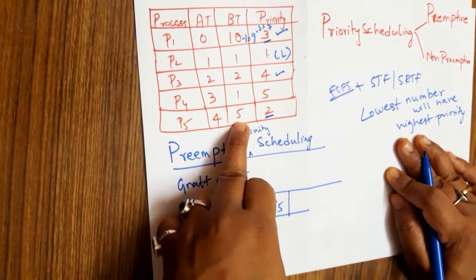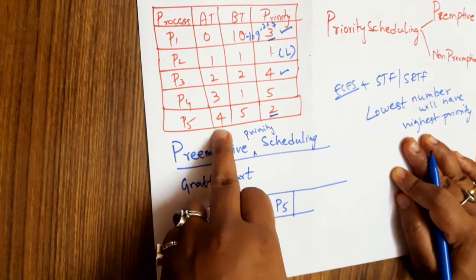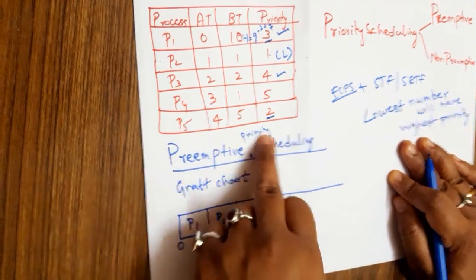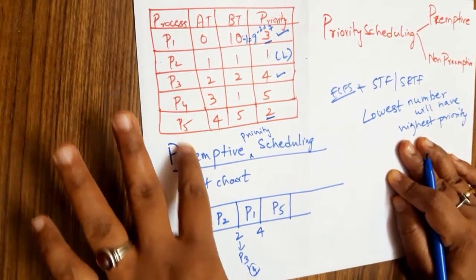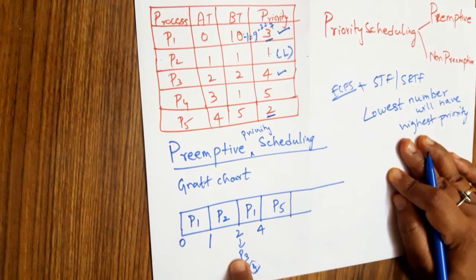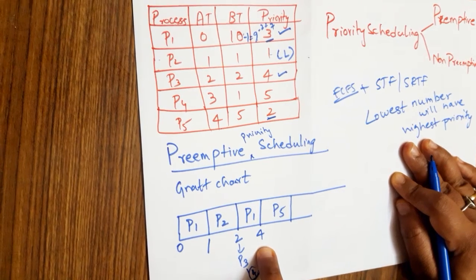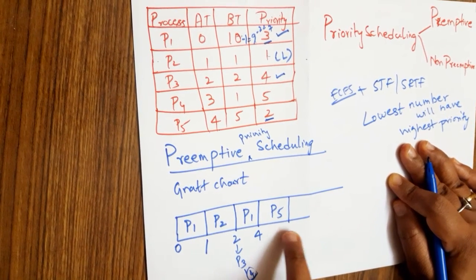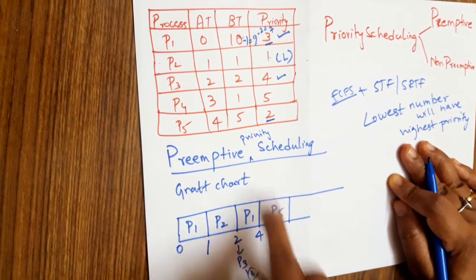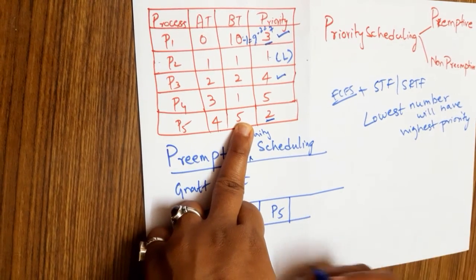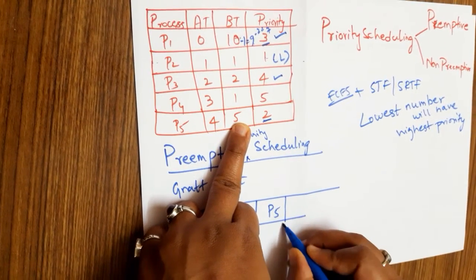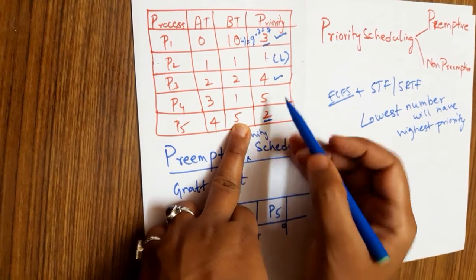P5 will be executing for the next 5 milliseconds. Why? Because there are no other processes given in the question. All the processes have come into the picture. P1 is there, P3 is there, P4 has also come into the picture. So P5 will execute for the complete 5 milliseconds. So it will be 4 plus 5 equals 9.